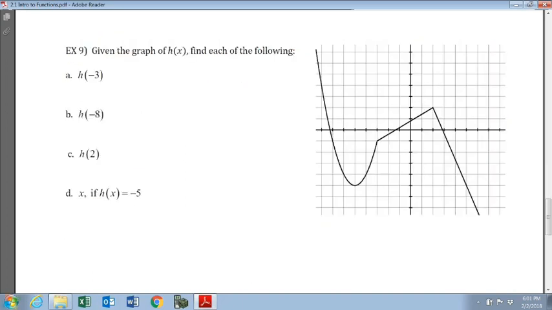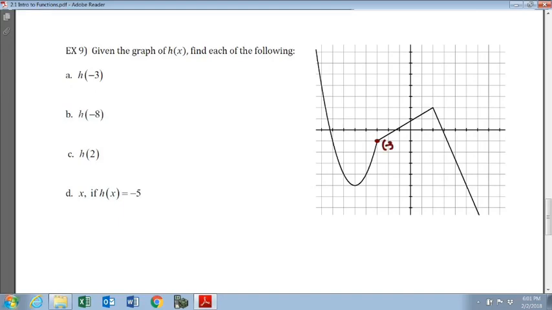On number 9, we have to find h of negative 3, and we're given a graph of some function. We're calling it h of x. For h of negative 3, we're given an input of negative 3. So we need to find the point that has an x value, or input, of negative 3. That would be this point right here, because we're 3 to the left.